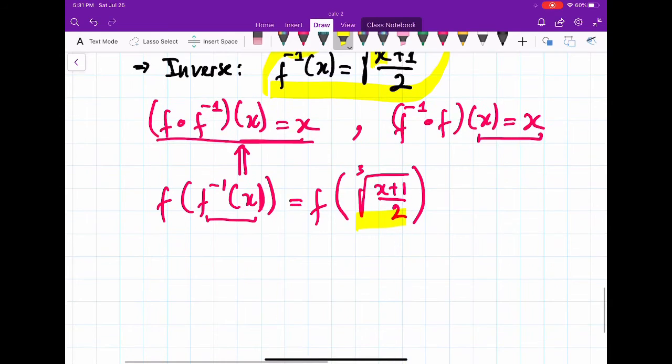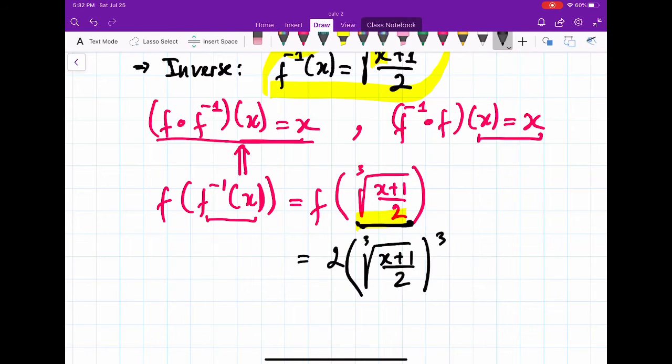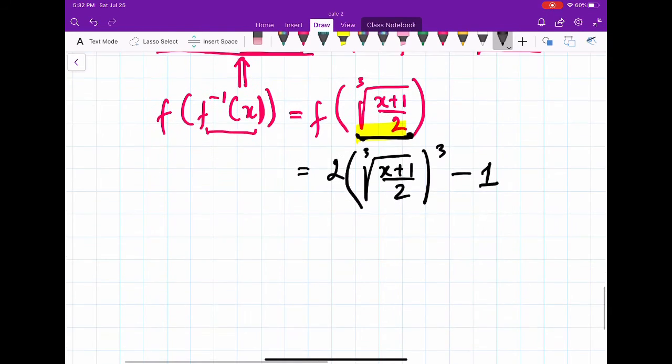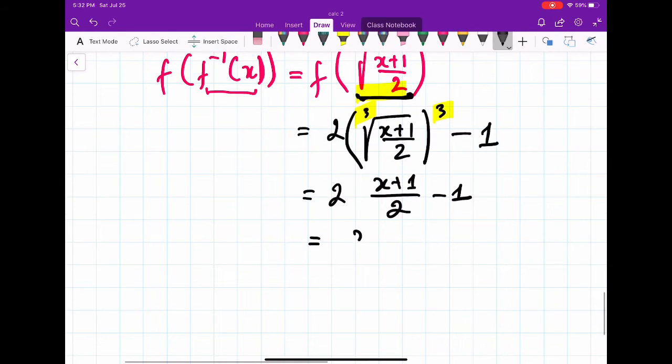So I write this is equal to 2 times x cubed, where x is right here: the cube root of (x plus 1) over 2, cubed, minus 1. Of course, you have a cube root and a cube in here, that will be cancelled out, and you get 2 times (x plus 1) over 2 minus 1. And this is x plus 1 minus 1, which is x.